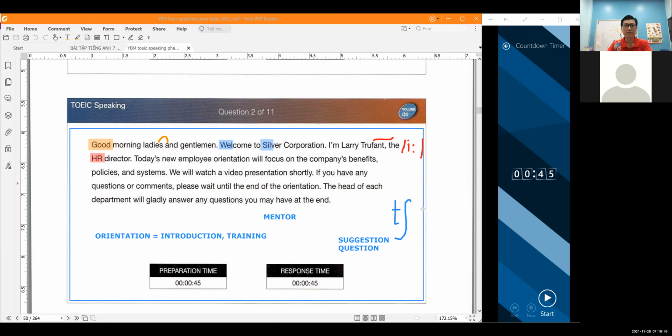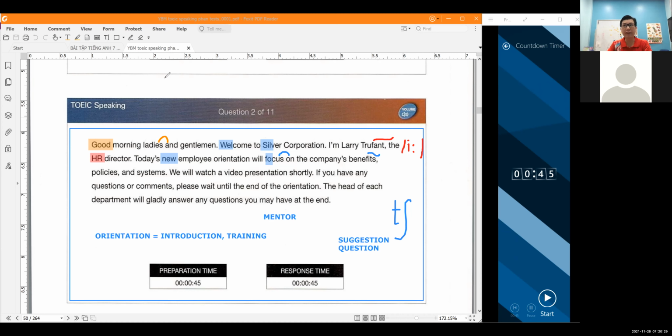Today's new employee orientation will focus on the company's benefits, policies, and systems. Focus on what? The company benefits.